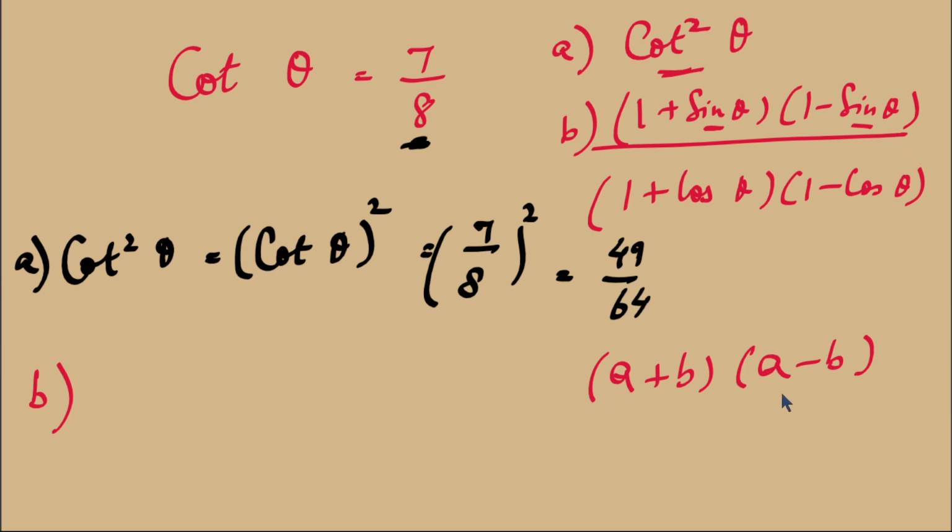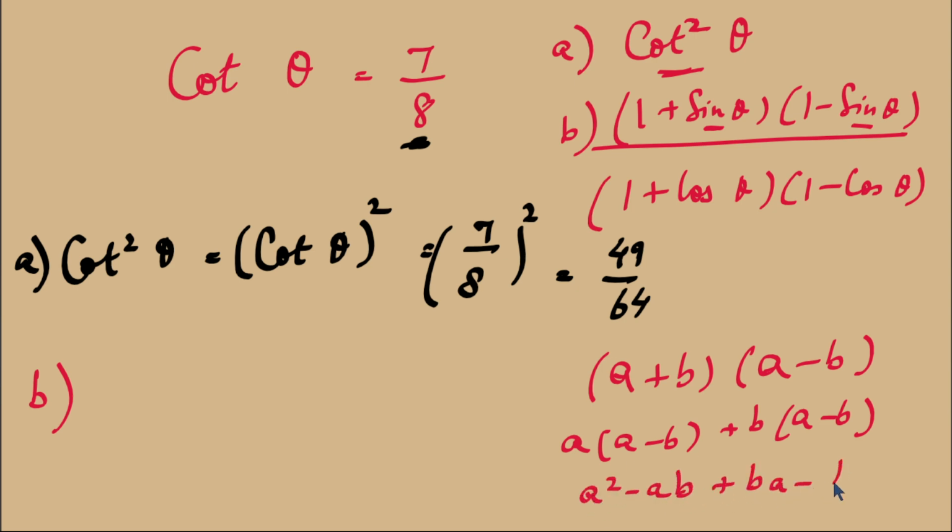It is a into a minus b plus b into a minus b, right? Or a squared minus ab plus ba minus b squared. Now ab and ba are one and the same, multiplication is commutative, so you can just cancel both of them, and we get a plus b into a minus b is a squared minus b squared.